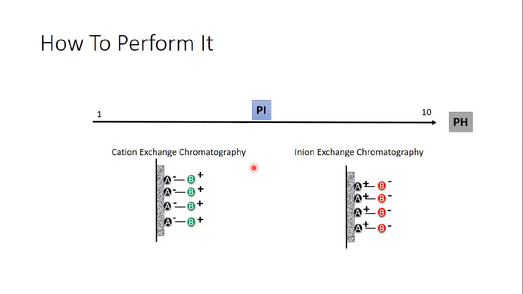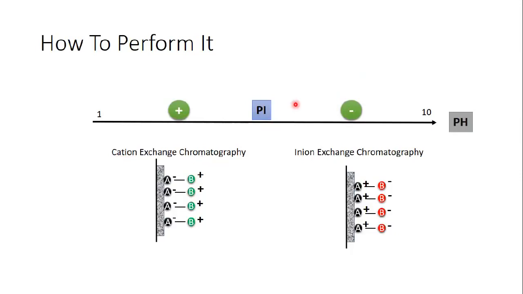If my protein has a certain pI or isoelectric point, let's say of 5, for example, if the pH of the solution is higher than 5, then our protein will be negatively charged. And if the pH is lower, then our protein will be positively charged. In the first case, we should apply anion exchange chromatography. And when the protein is positively charged, we need to apply cation exchange chromatography.